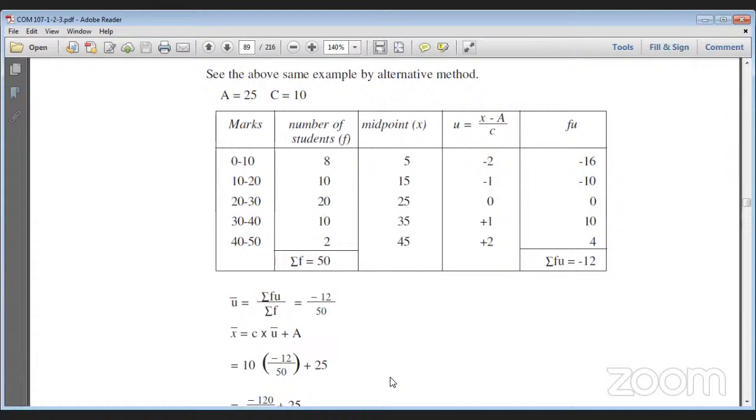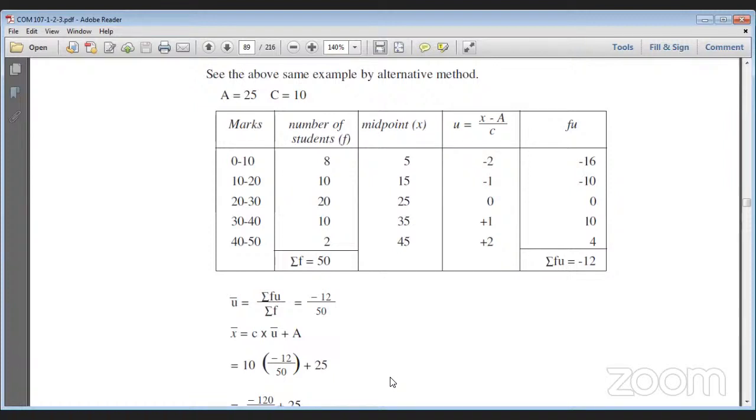So here u bar is equal to summation fu upon summation f, which is minus 12 divided by the total f, the number of students, 50. So here x bar is equal to c, that means the difference between marks, into u bar plus a.